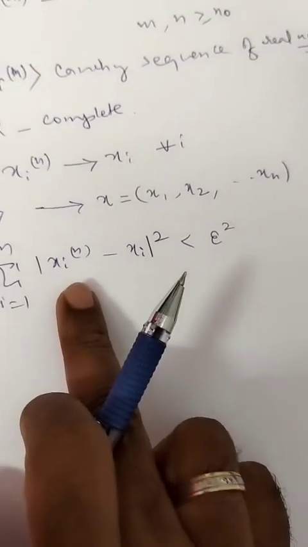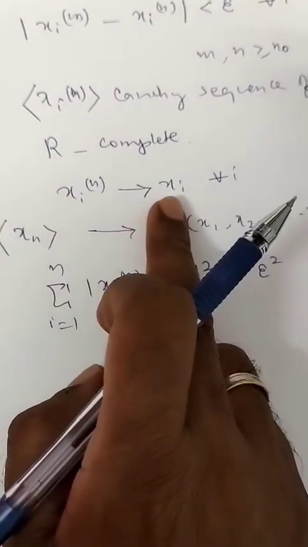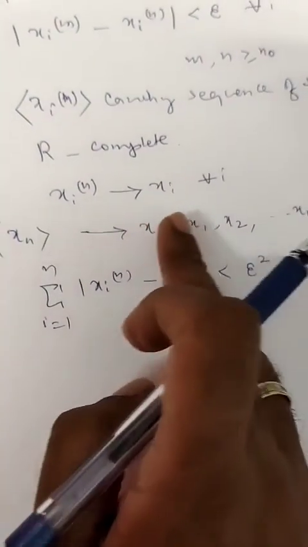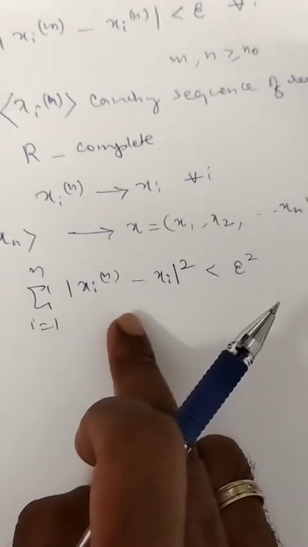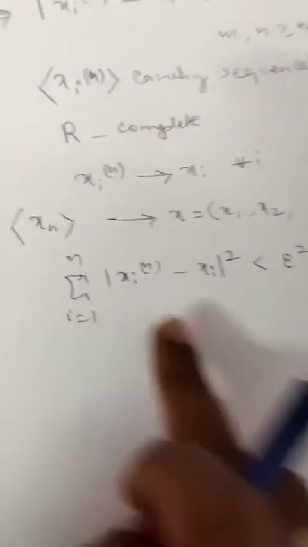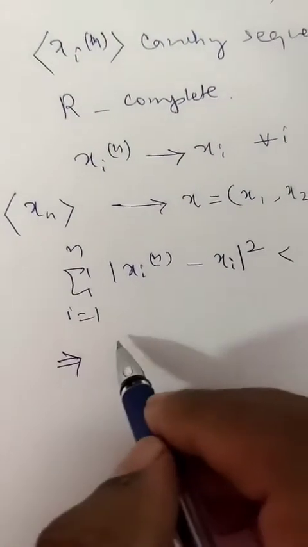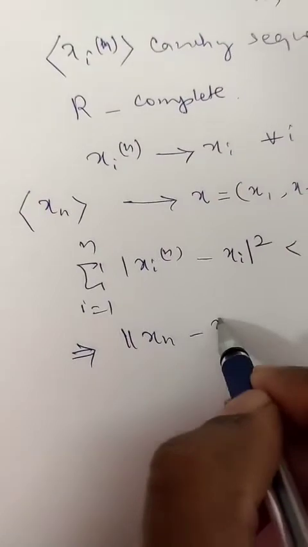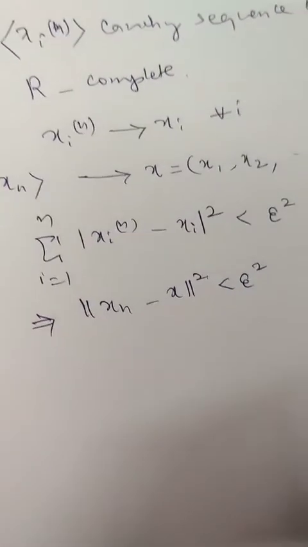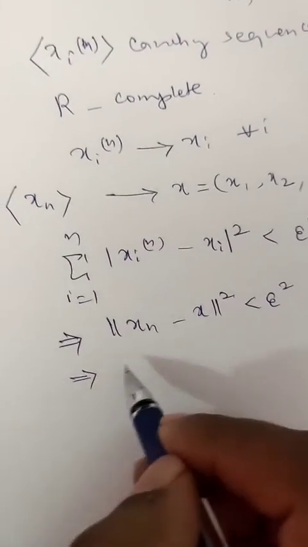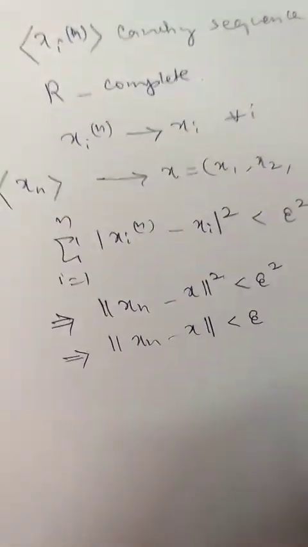Or in other words, x_in converges to x_i means the modulus of x_in minus x_i is less than epsilon. Since this holds for every element, I take the summation. So by the definition of our norm, this is nothing but the norm of x_n minus x whole square is less than epsilon square. So this implies the norm of x_n minus x itself is less than epsilon.